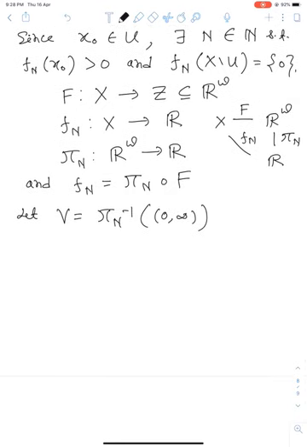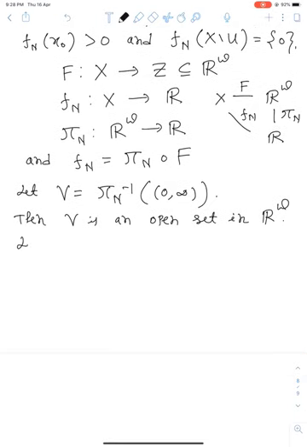Then V is an open set in R^ω, right? But we need an open set in Z, not R^ω. So what we can do is take the intersection.